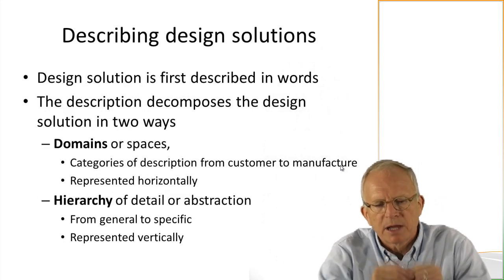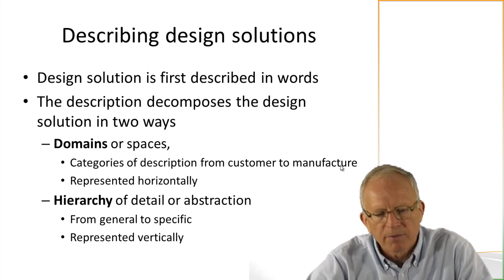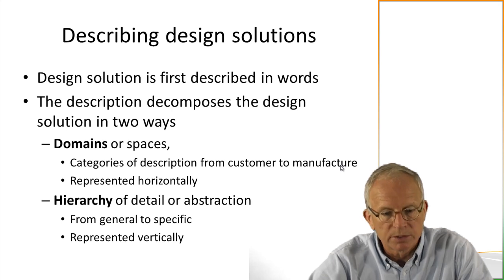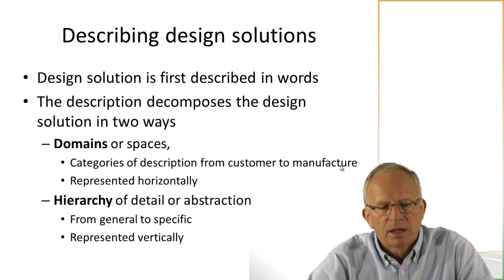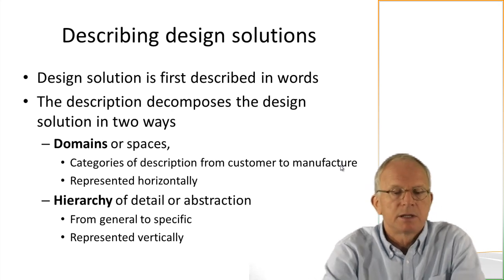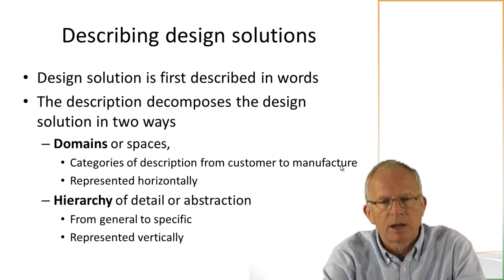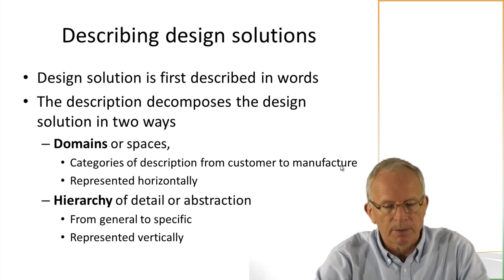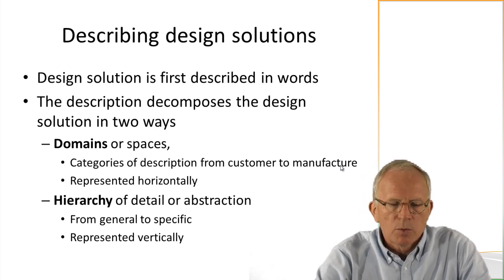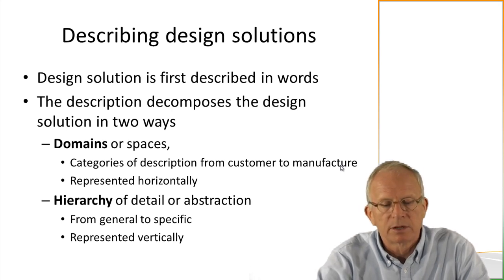So describing design solutions. So first, the design solution needs to be described in words. The words are going to be easier to manipulate and communicate the design more easily. Now, as engineers, we're used to working more with numbers, and the numbers will come later. So we need to describe what we're doing, and there are two ways to look at the design.